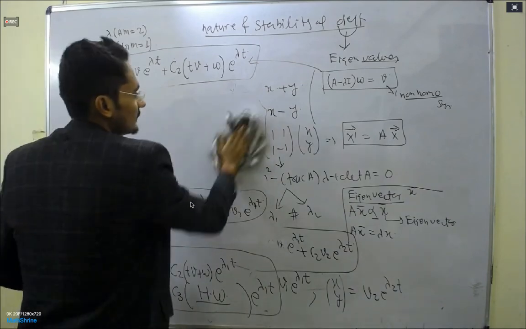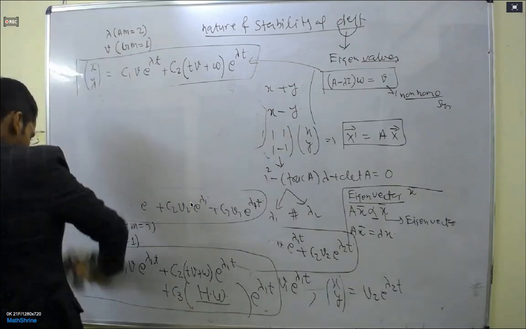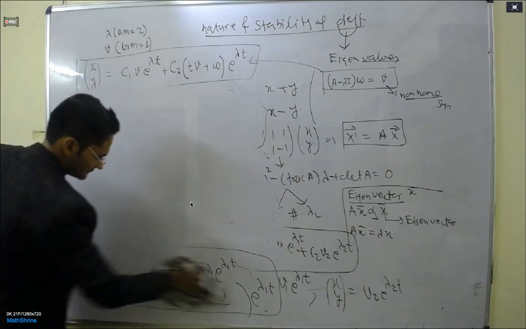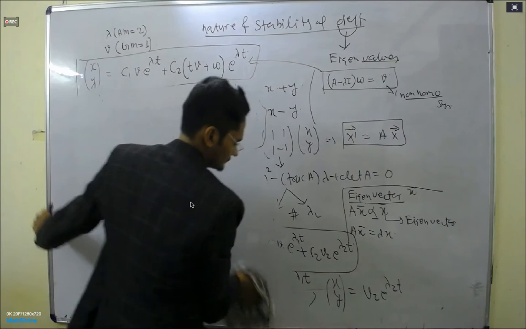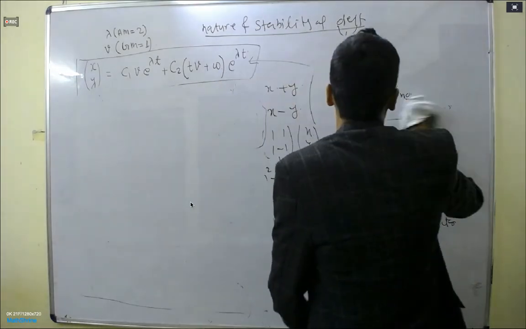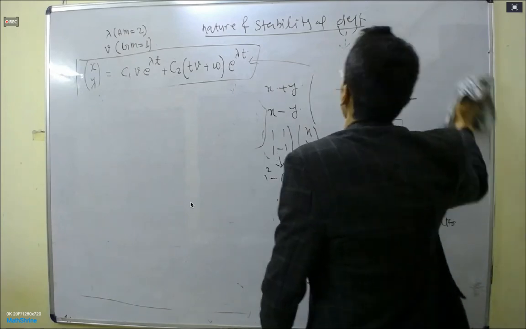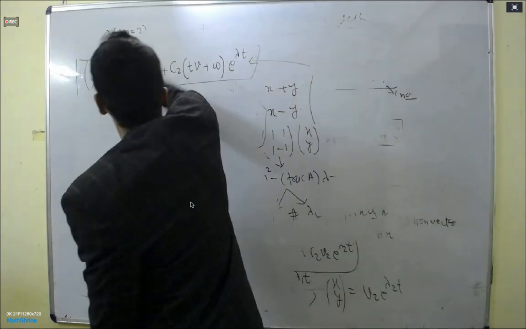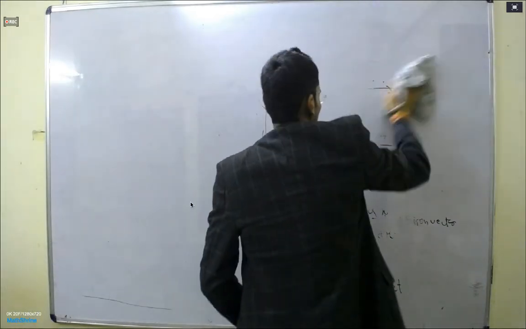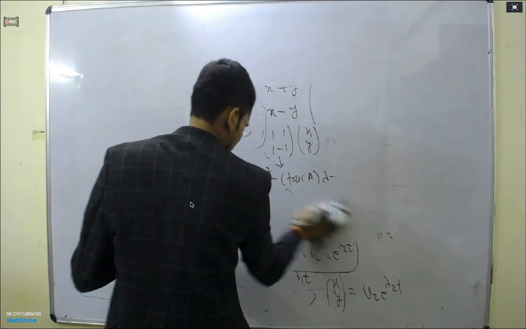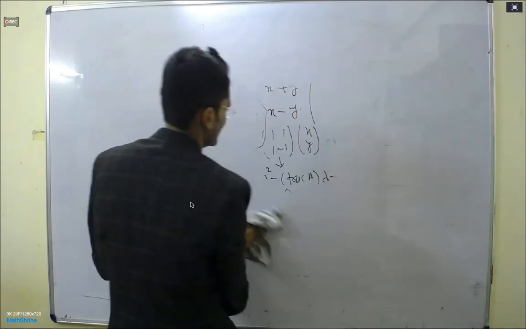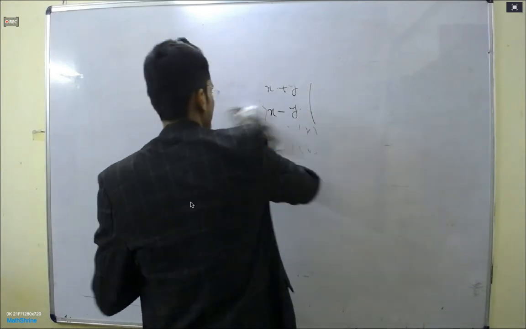Find the solution of the differential equation and its nature. So this is the example, and we can write x dash, y dash is equal to the matrix [1 -1; 1 1] times x, y.